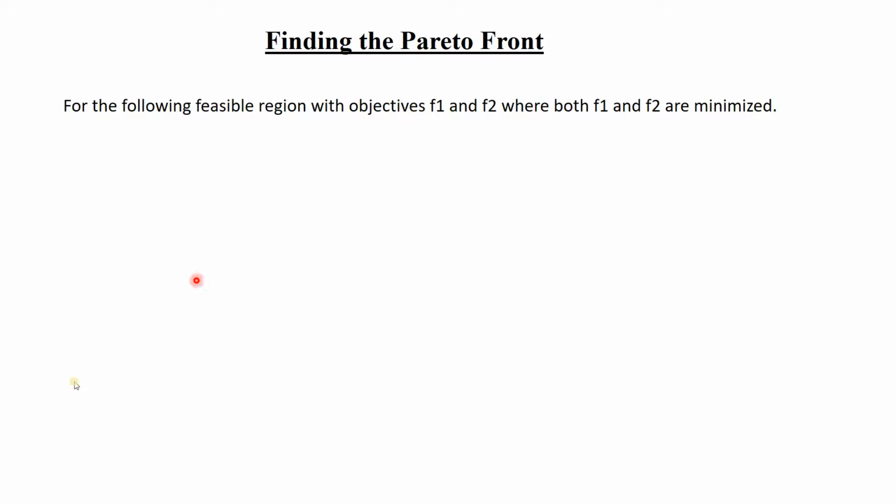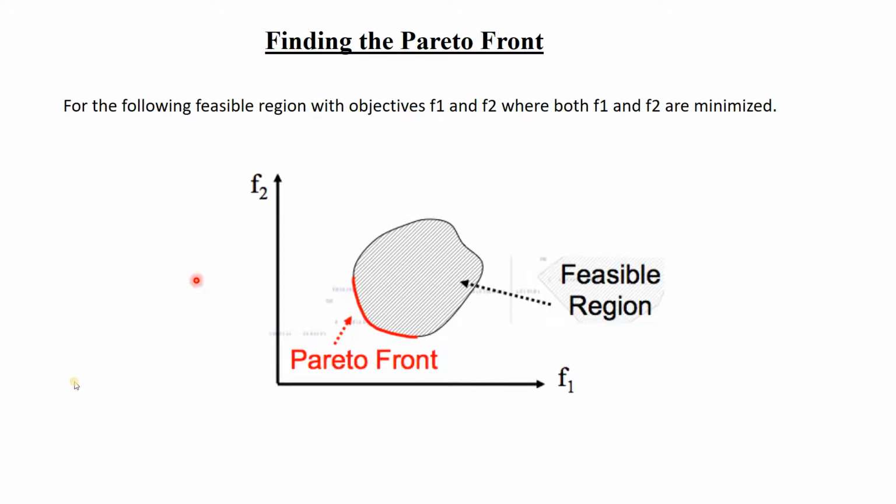Now, finding the Pareto front. Suppose for the following feasible regions you have a multi-objective function with objective functions f1 and f2, and they are displayed in this way on two axes. You have to find the solutions within this particular region which will give you the best solution for both f1 and f2 simultaneously.